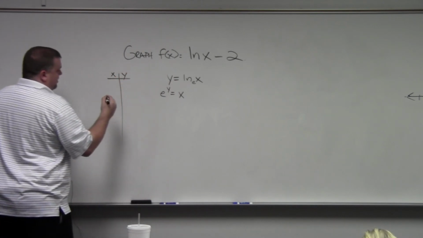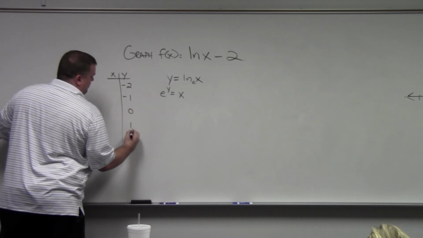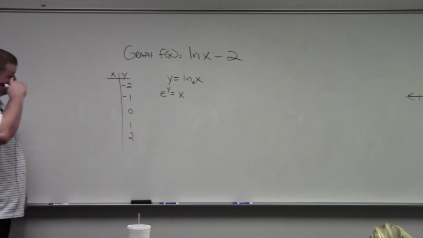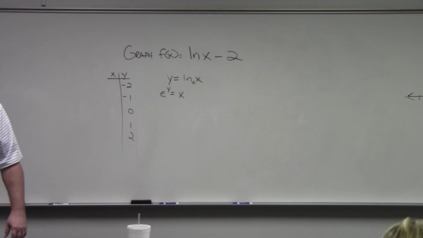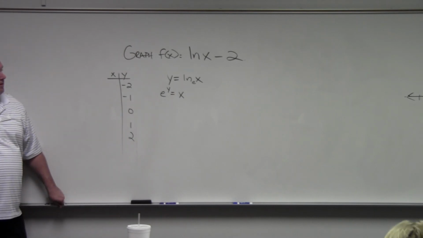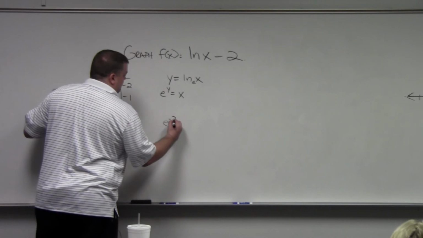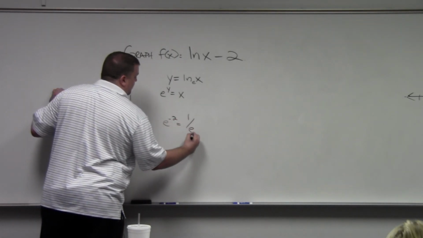Once again, just for time's sake, just going to plug in these values. Once again, x depends on what y is, so we're going to plug in our values for y. So e to the -2 power, once again, means 1 over e squared.